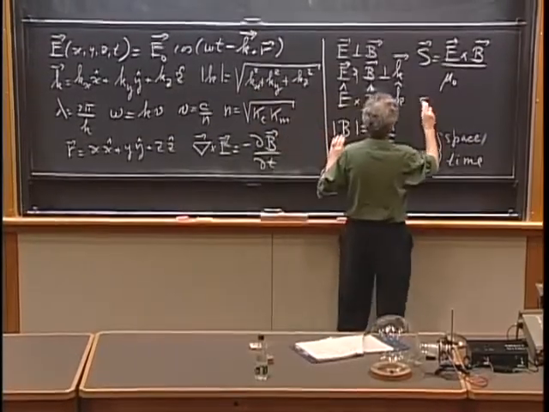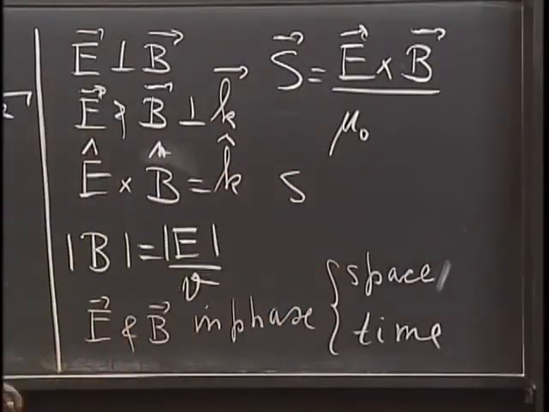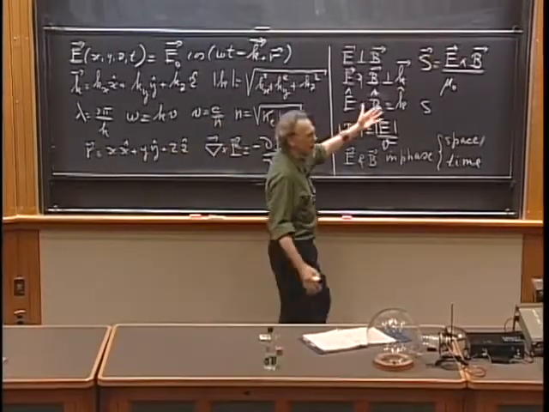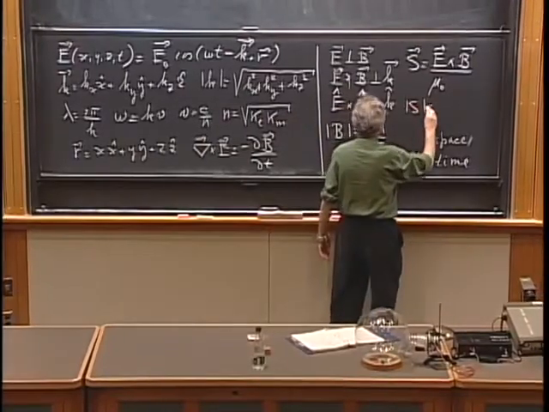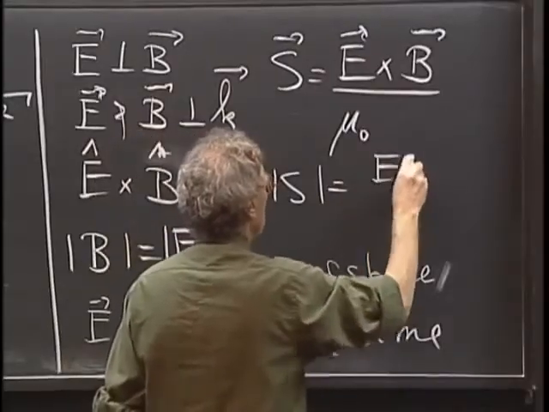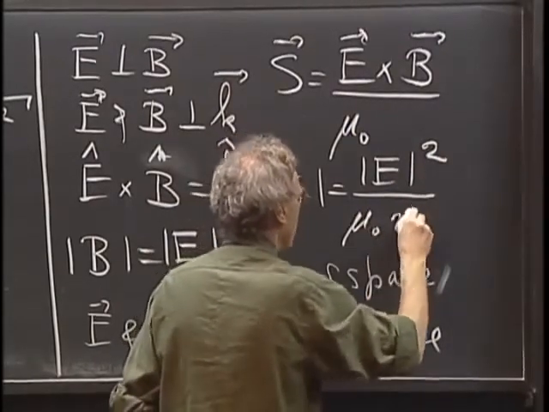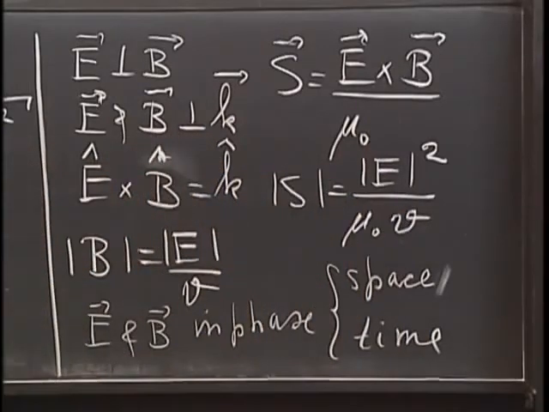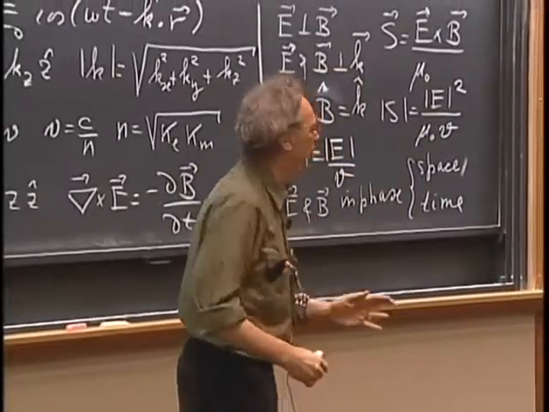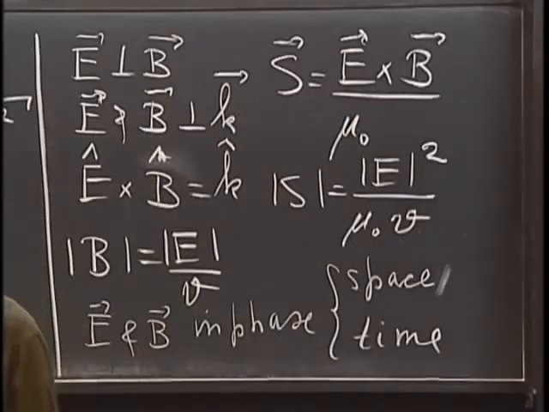This pointing vector, of course, is time variable because E itself varies with frequency omega, B varies with frequency omega. So the pointing vector is, of course, time dependent. And so the magnitude of the pointing vector you can also write down then as the E squared value divided by mu 0 times v, because the B can then be replaced by E divided by v. Since they're at 90 degrees relative to each other, I can ignore the cross because the sine of the angle is then 1.